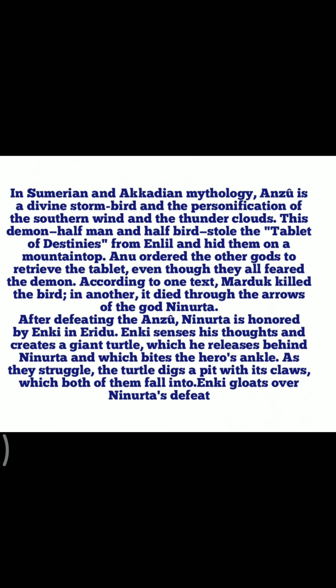And now, what happened? The Anzu bird steals the tablet of destiny now from Enlil. So Ninurta, the son of Enlil, kills Anzu and restores the tablet of destinies.